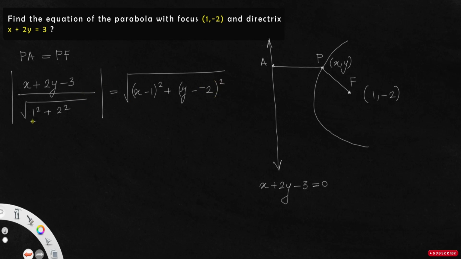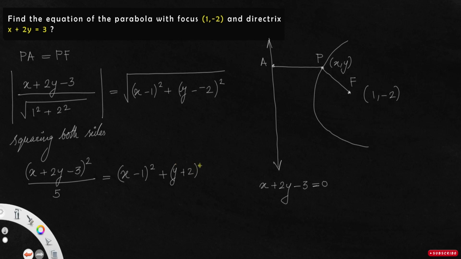So squaring both sides, I'll get x plus 2y minus 3 whole square by 5, see this is 1 plus 4, root 5, and root 5 square is 5 itself, equal to, on squaring the right side, this root is removed, x minus 1 whole square plus y plus 2 whole square.